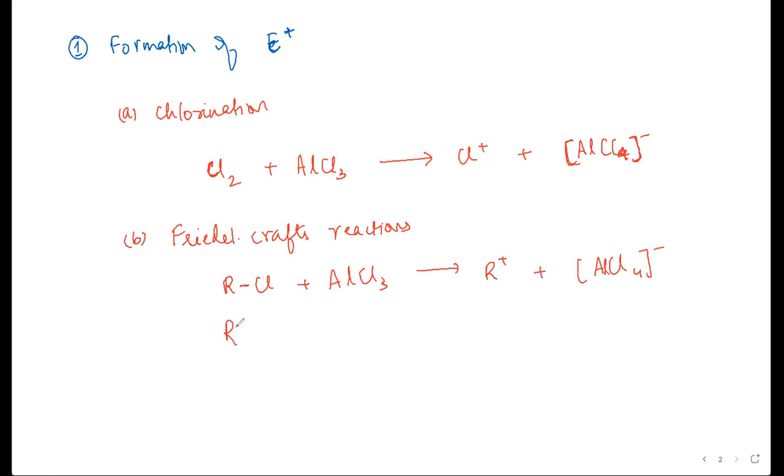And same with acylation also: RCOCl with AlCl3 gives RCO plus and AlCl4 minus. So this is pretty straightforward. You're just taking away the negative ion, leaving you with the positive ion, which is your electrophile, right?